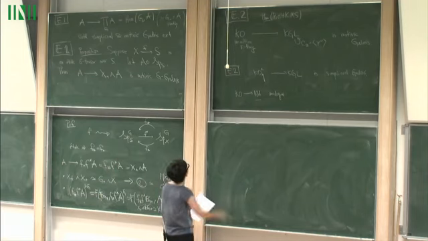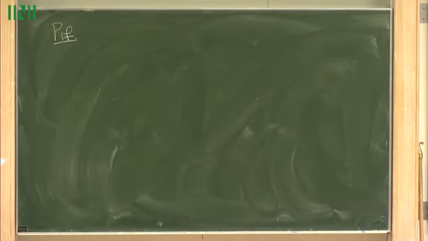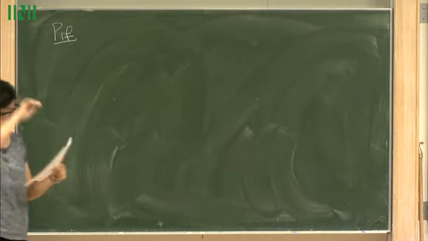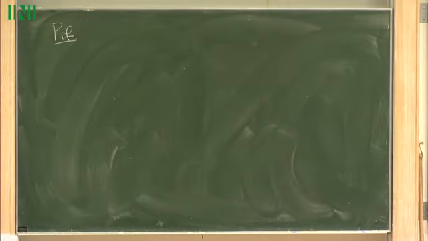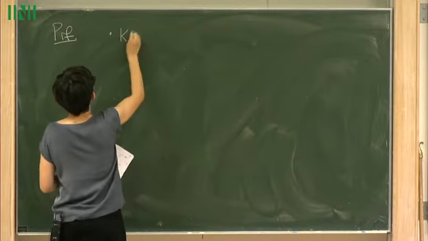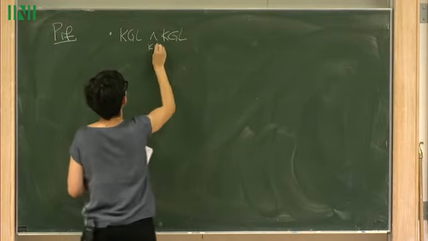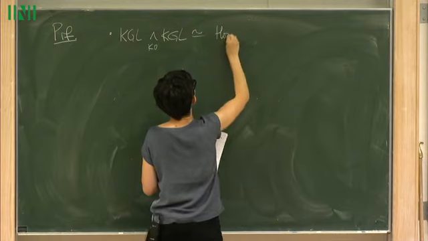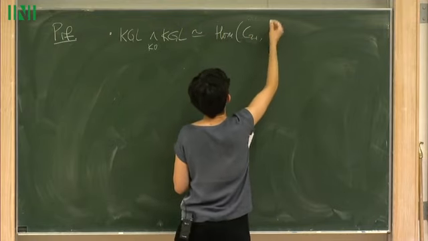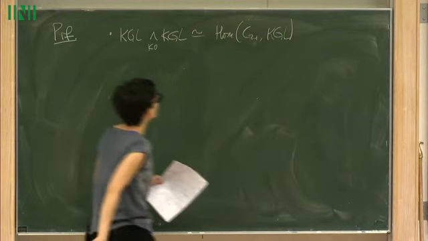Okay, now, so let's sketch the proof ideas. So, right, there were 2 things to prove for something to be a Galois extension. Okay, so one of them, that KGL smash KGL over KO is equivalent to this thing.